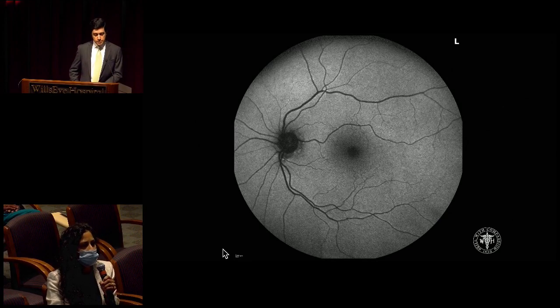And then left eye, relatively normal. Maybe these punctate foci of hyperautofluorescence, just temporal to the disc and inferiorly here. Macula overall looks normal.